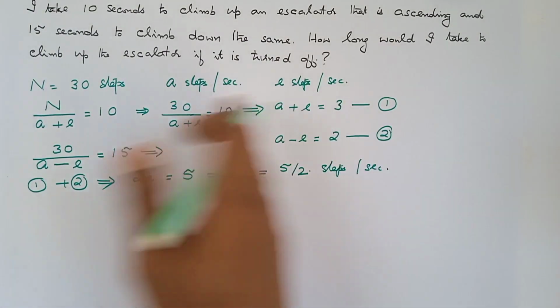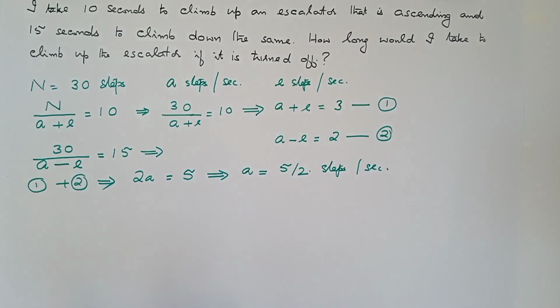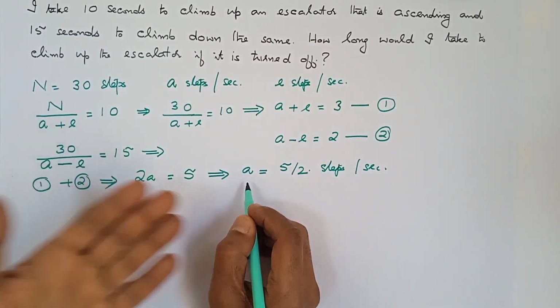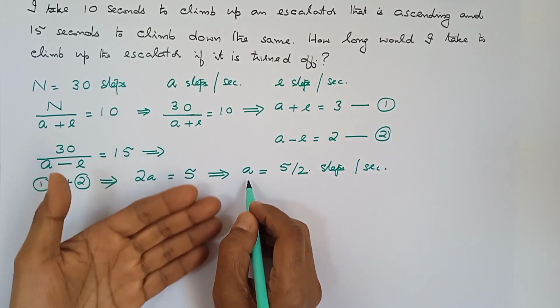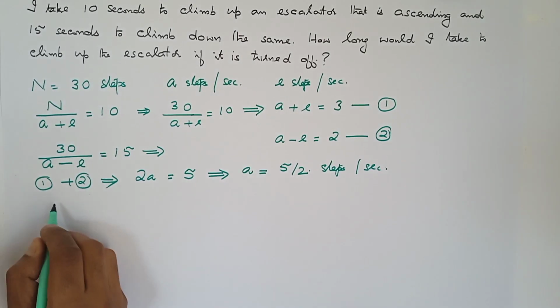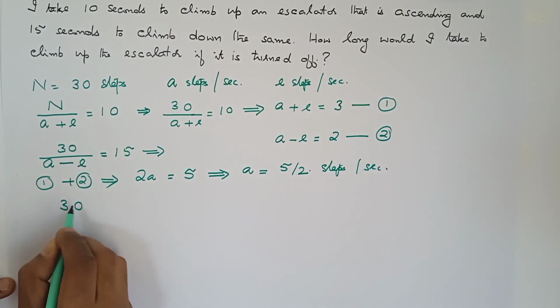Then the problem says the escalator is turned off. When turned off, the escalator will be just a staircase. So it doesn't matter whether you're climbing up or down an escalator that's turned off. There's no escalator working, so the escalator speed is 0. You're climbing with your own speed, which is found to be 5 by 2 steps per second. And the total number of steps is 30, which is the distance.